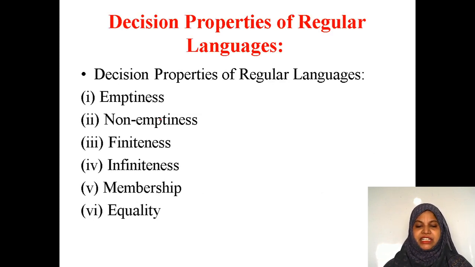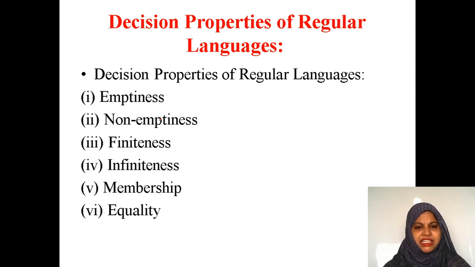First one is emptiness, second one is non-emptiness, third one is finiteness, fourth one is infiniteness, fifth one is membership, sixth one is equality. These are the 6 decision properties. By using these 6 decision properties, we are going to check the languages.